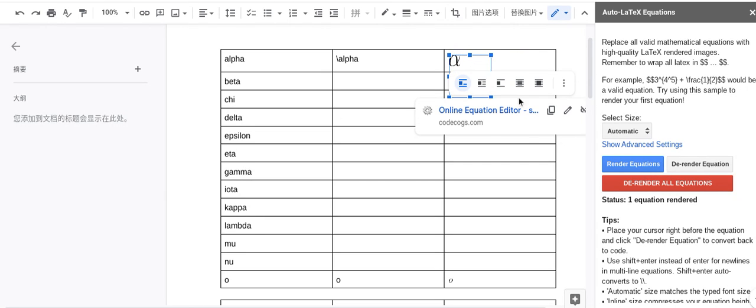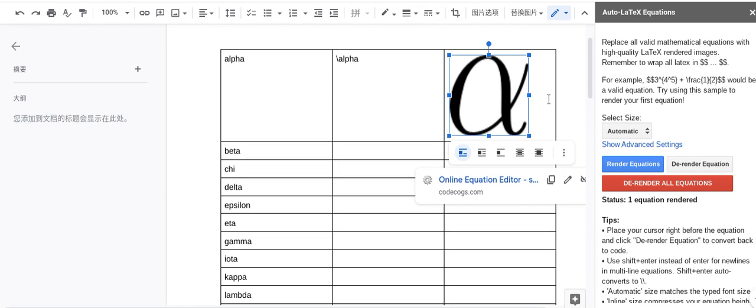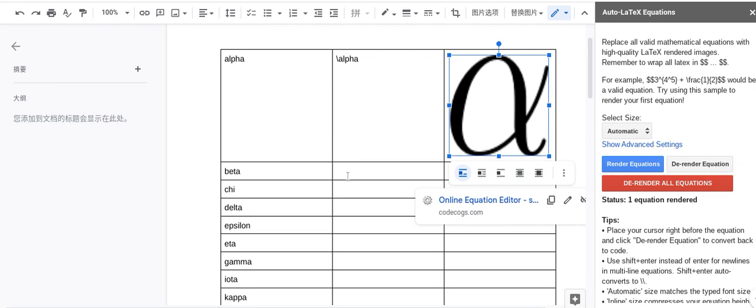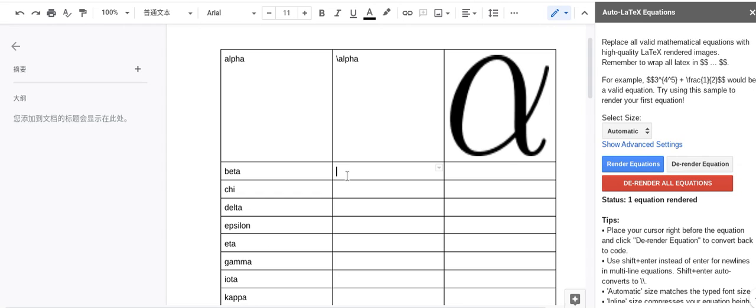If you can't see it very well, I'm just going to magnify it. For beta, you do the same thing. Then click render equation.